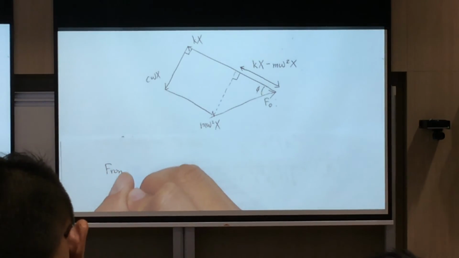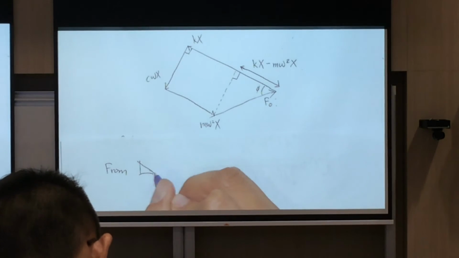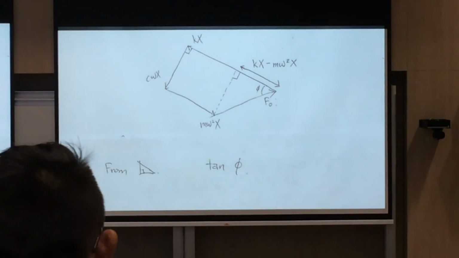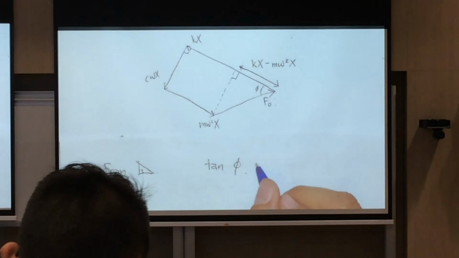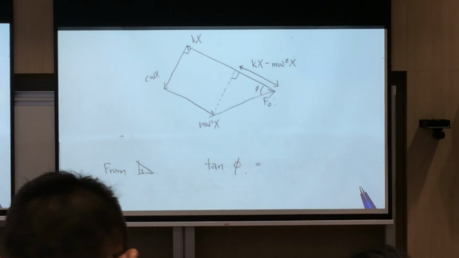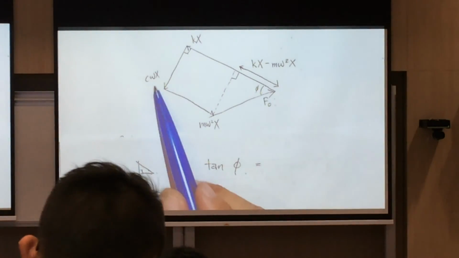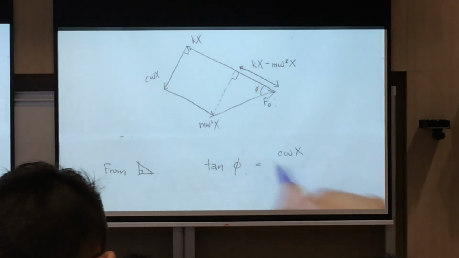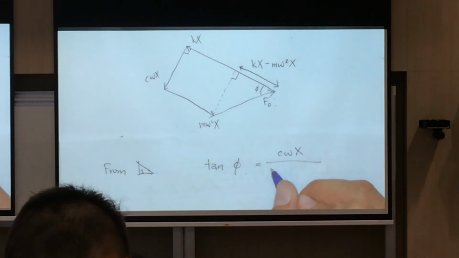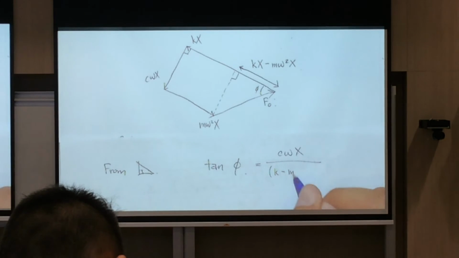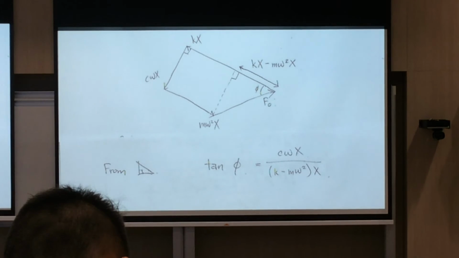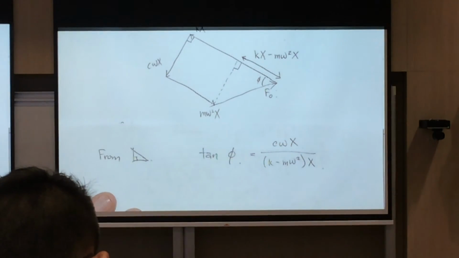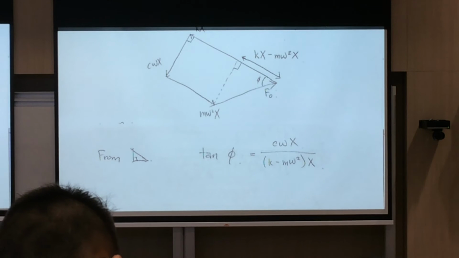So again, from the triangle, if we were to use tangent phi, which is opposite over adjacent, we have our opposite as c omega x, and our adjacent as this. Right? So with that, again, doing some substitution and simplification, we derive what we have on our data sheet.